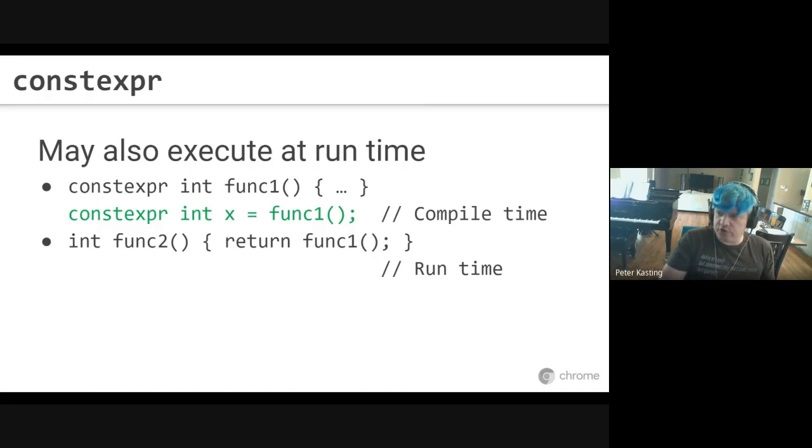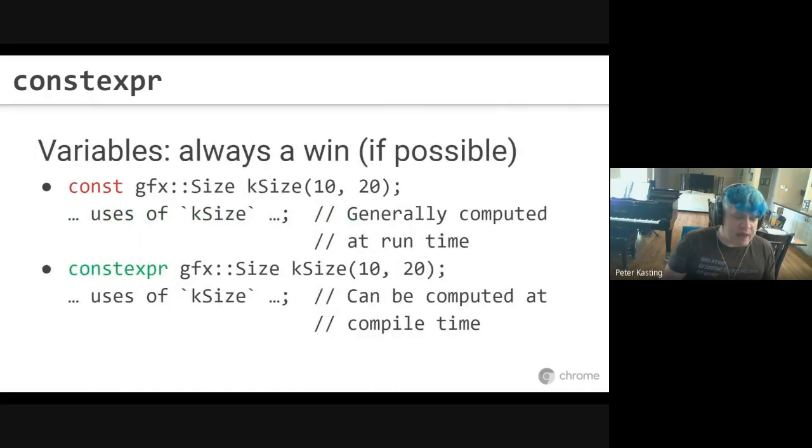So when should you use constexpr? Well, on variables, you should basically always use it if you can. So in this case, if you have a const gfx size, make it a constexpr gfx size if it works. This will give the compiler the ability to initialize it and use it at compile time.